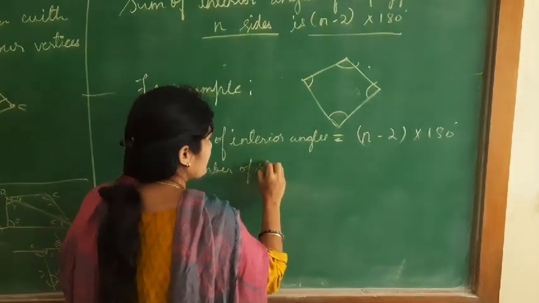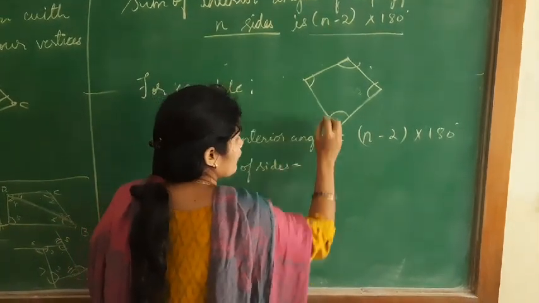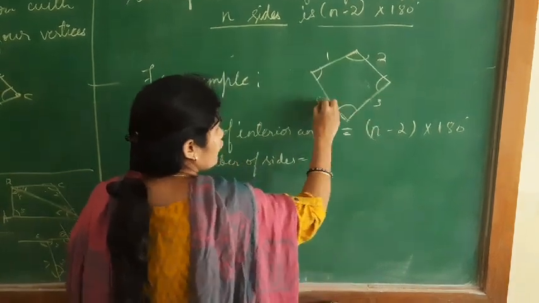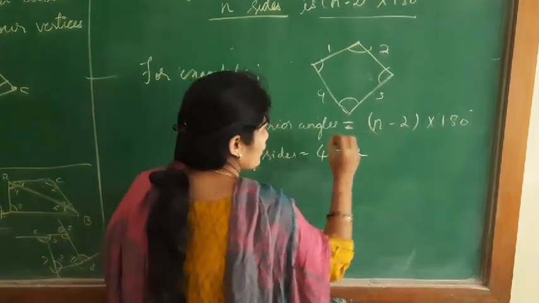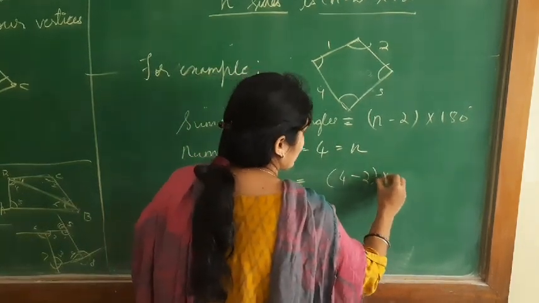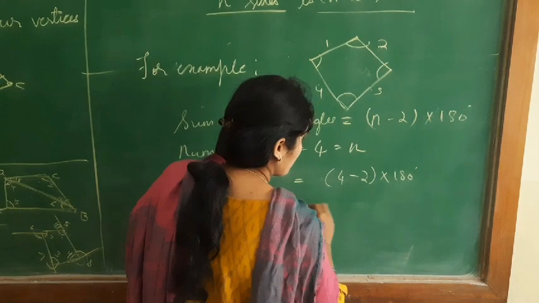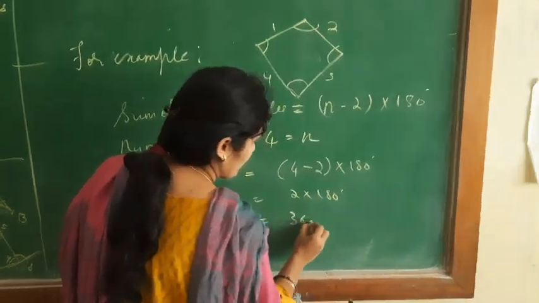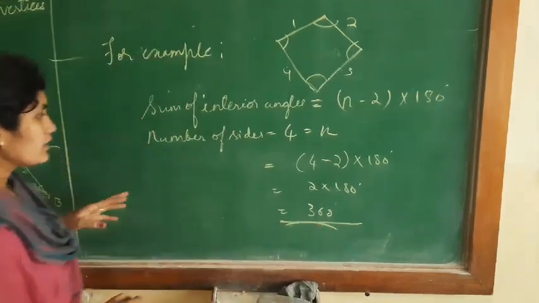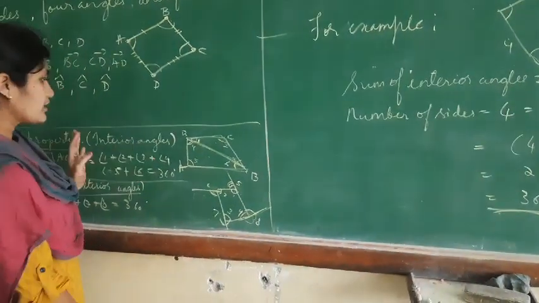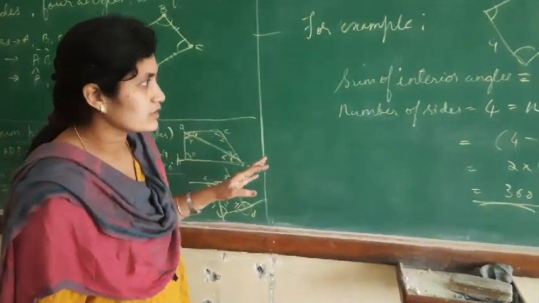Number of sides is equal to 1, 2, 3, 4. So n is equal to 4. And once you apply the formula, 4 minus 2 into 180, that is 2 into 180, you get 360. So this satisfies our statement that the sum of interior angles is equal to 360 degrees.